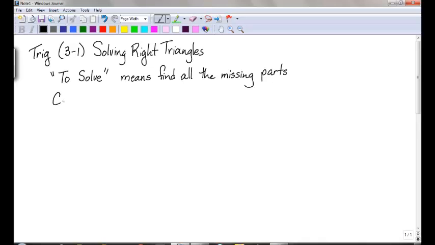Remember, in trig, if they use the capital letters or uppercase letters, those are used for angles. Okay, and your right angle is always going to be your angle C, if they're using A, B, C. And the lowercase letters are for the sides.